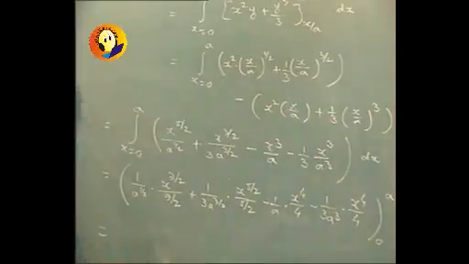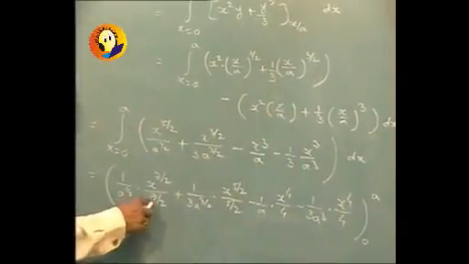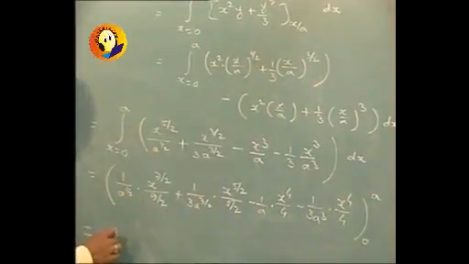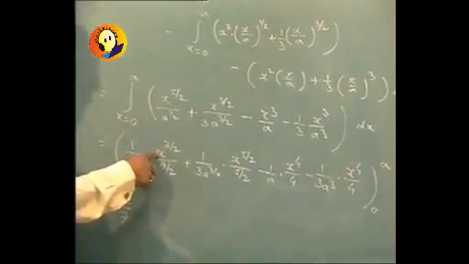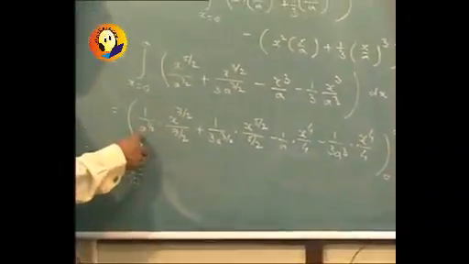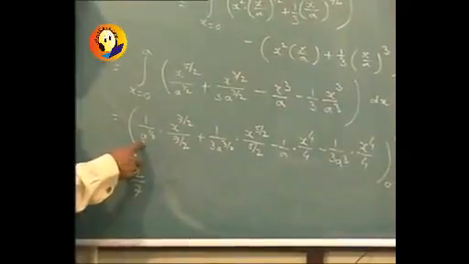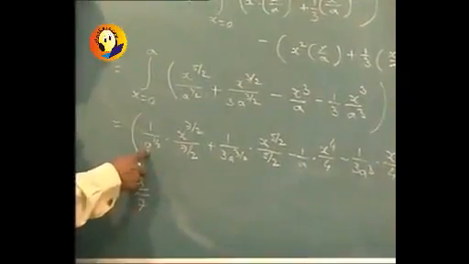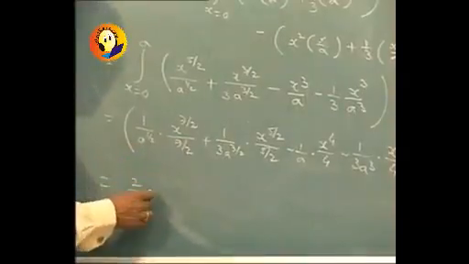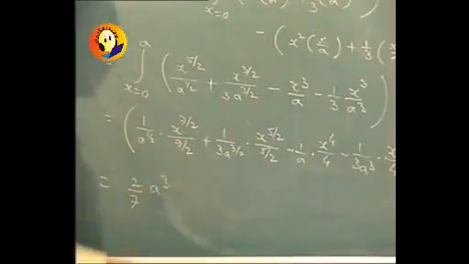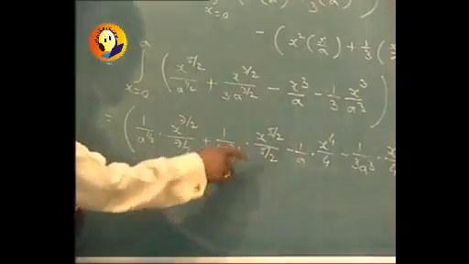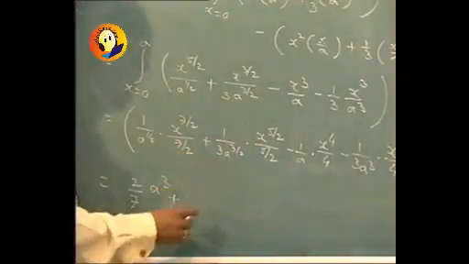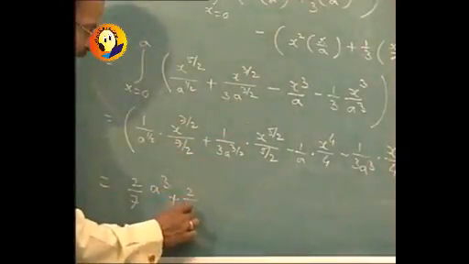At upper limit, this is 1 upon 7 by 2 can be written as 2 by 7, and when I substitute x equal to a, it will be a raised to 7 by 2 upon a raised to half. So it will be a raised to 7 by 2 minus half, a raised to 6 by 2, that is a cube. In the second case, 1 upon 5 by 2, that is 2 by 5, and original 3 is there, so it is 2 by 15.